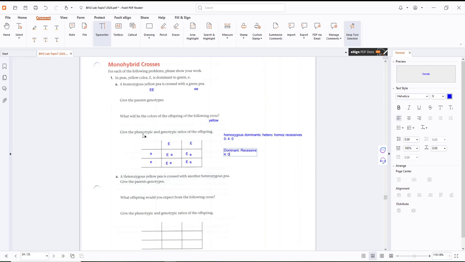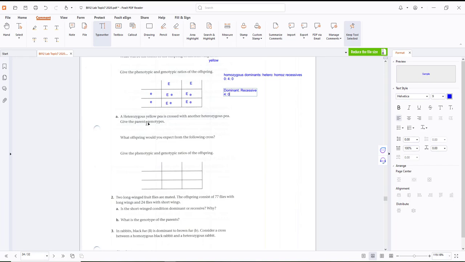So the ratio for the genotype would be 0 to 4 to 0. Phenotype, it would be 4 to 0. All right, so that's just how you properly do that. Now, I'm not too picky when I grade these things, so if you say they're all heterozygous, I would be fine with that, okay? Or they're all yellow, I would be fine with that, all right?